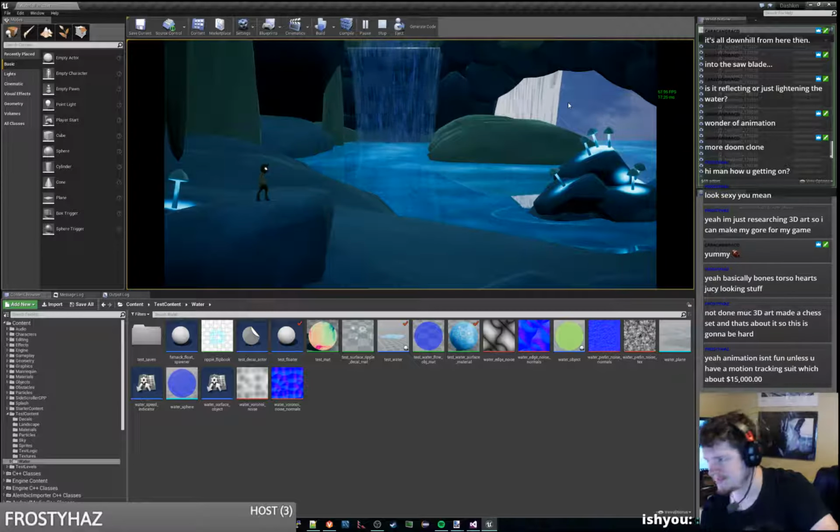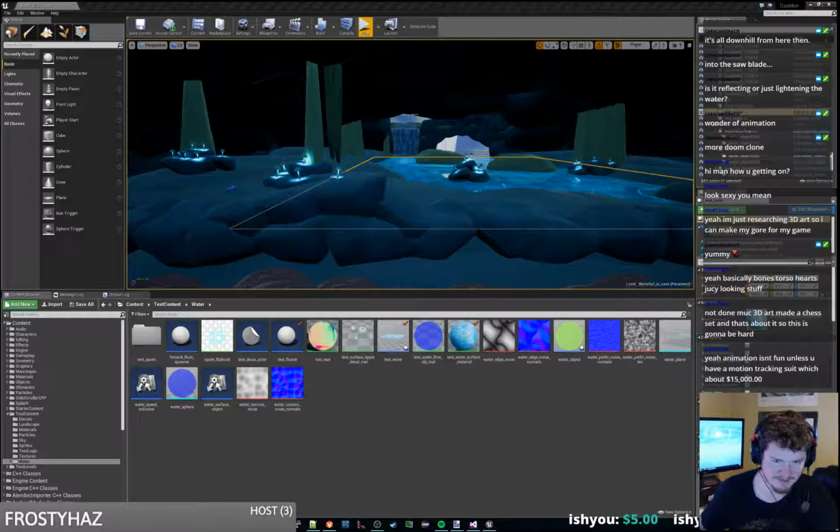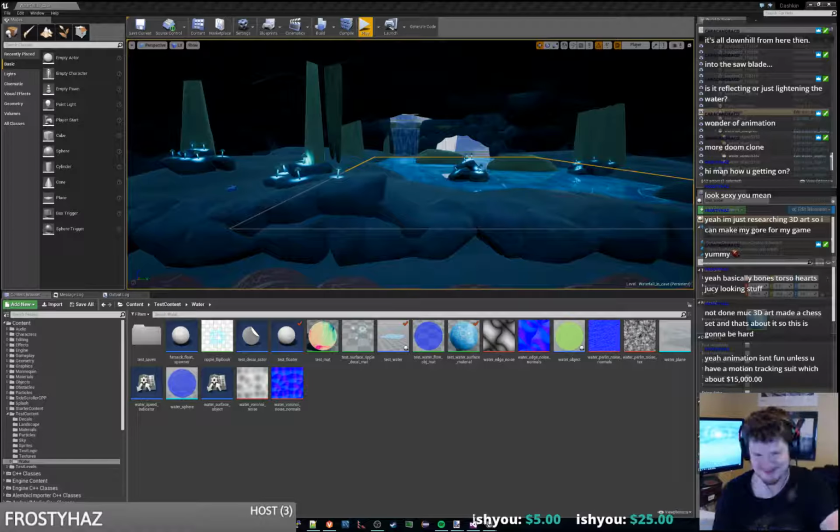I mean, I could take a stab at doing some normals for this, but there's only so much we're going to get out of it. Animation isn't fun unless you have a motion tracking suit, which is about $50,000. Well, not only do you need the suit, but you need the studio in which to use it.